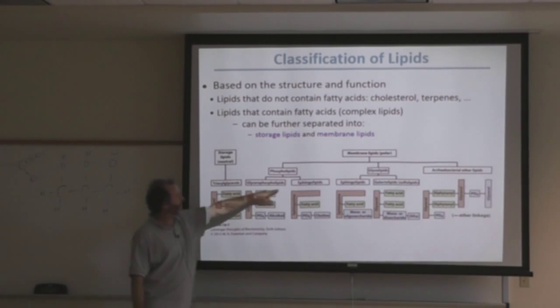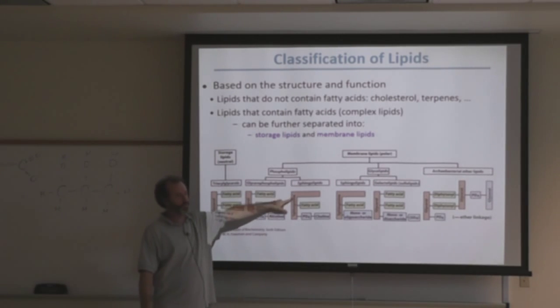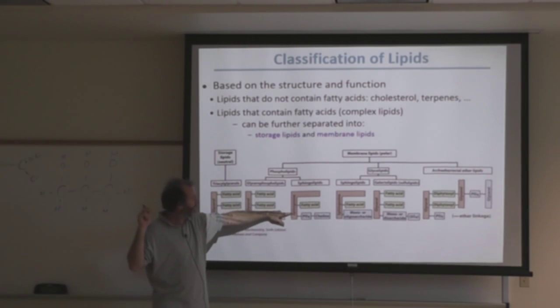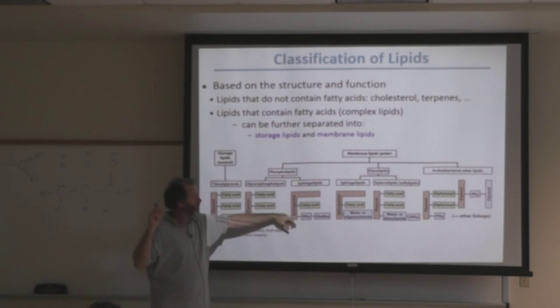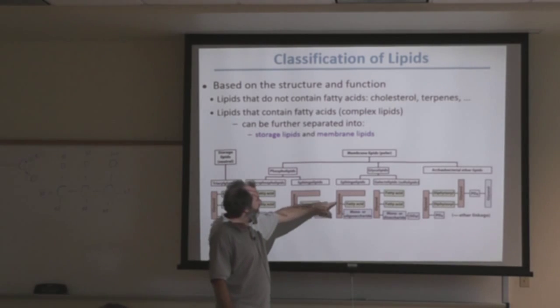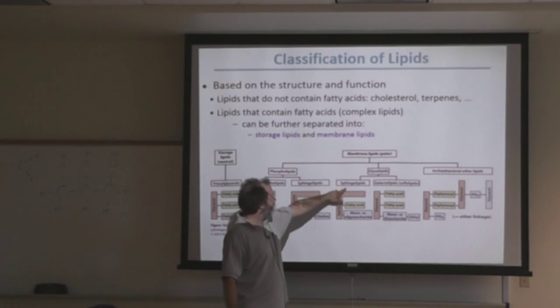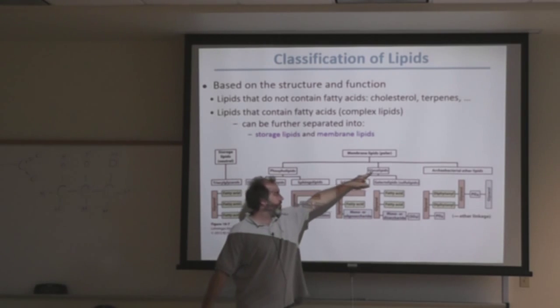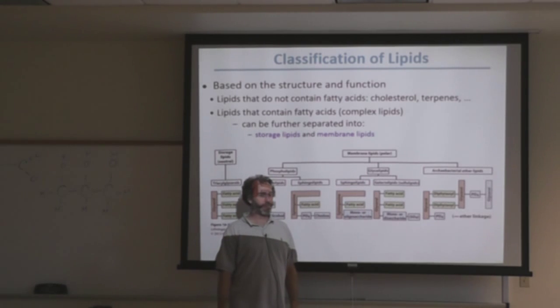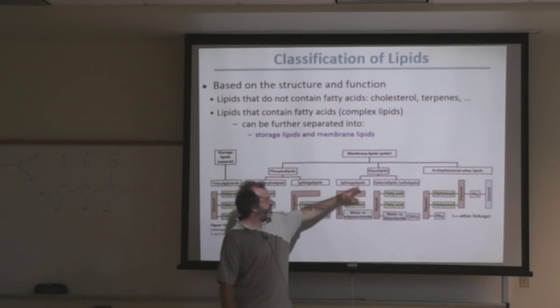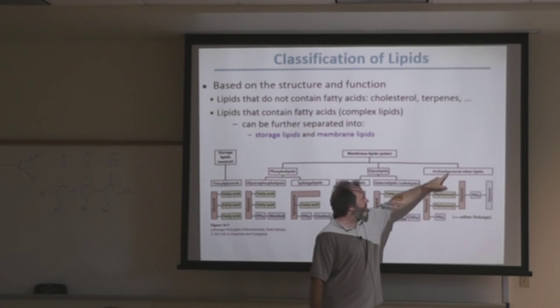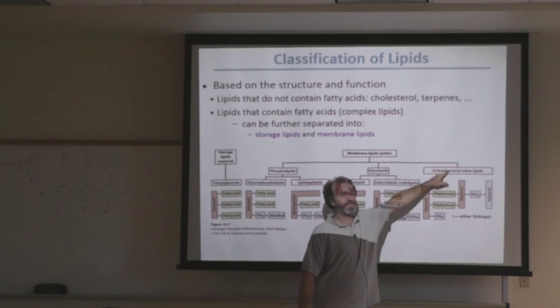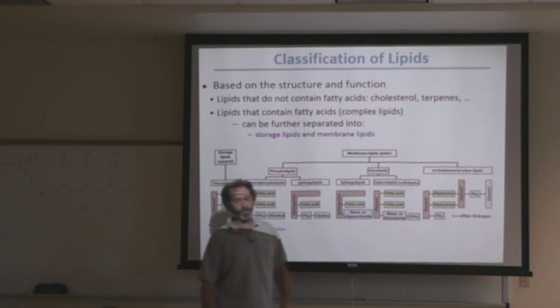And then we have sphingolipids, where instead of glycerol forming the backbone of the structure, sphingosine forms the backbone. And again, sphingolipids, glycolipids, what do you think glycolipids have in them? Sugar. Right, sugars. And then there's archaebacterial and ether lipids. So if it's an ether lipid, what kind of bond is that?